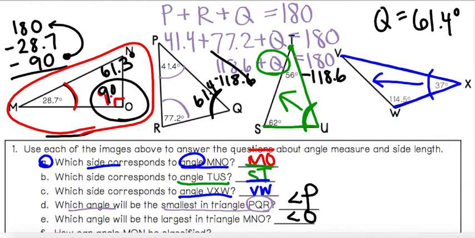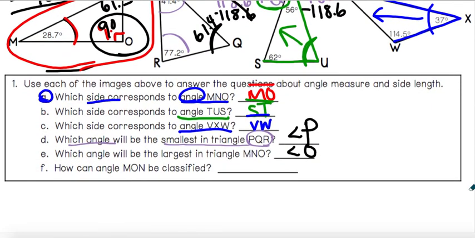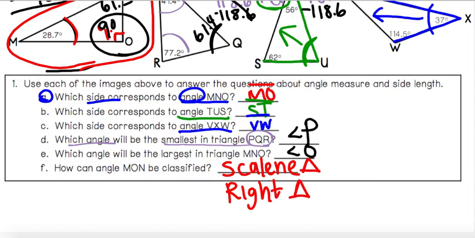So we could write here that this is a scalene triangle. But if we labeled it based on its angles, we know it has a 90-degree angle, so it's also a right triangle. Right? It's a scalene triangle and a right triangle. That's how we could, every triangle we can classify in two ways.